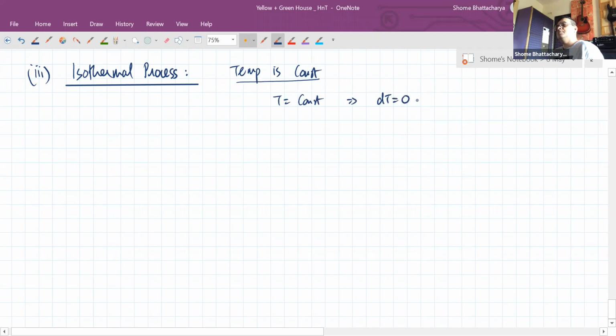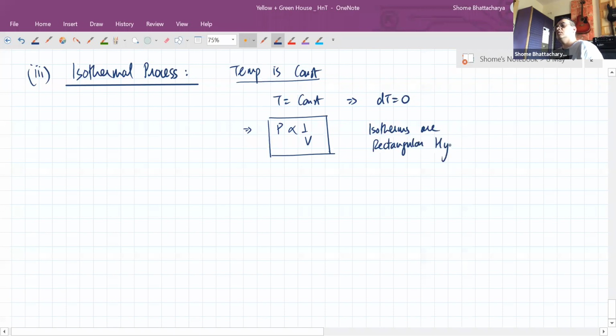So change in temperature is zero. Okay. So pressure is inversely proportional to volume. So we can see that isotherms are rectangular hyperbolic curves on the PV space.